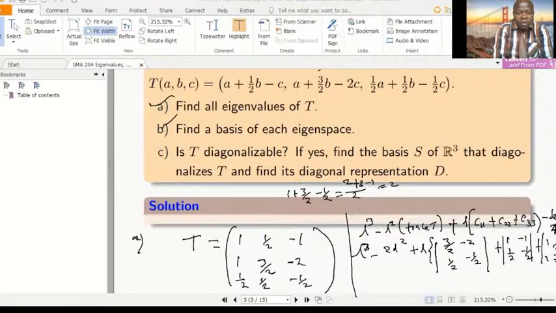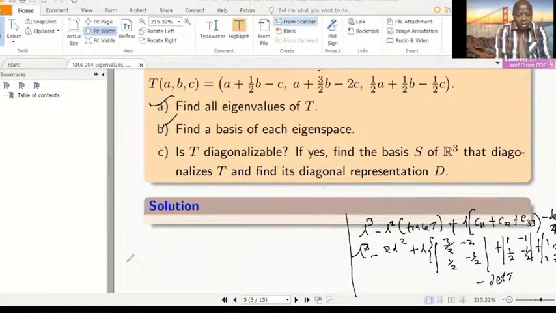Now, let me create some space on the left side, so that the right side is still there for your reference. So this will give you lambda cubed minus 2 lambda squared. Now, this determinant is a quarter.